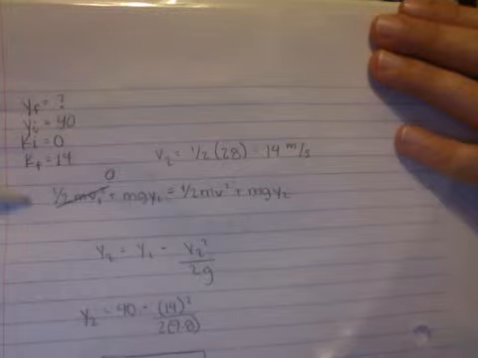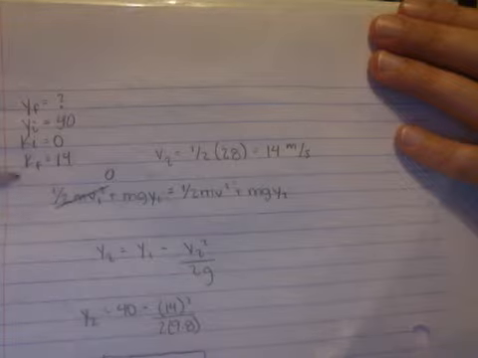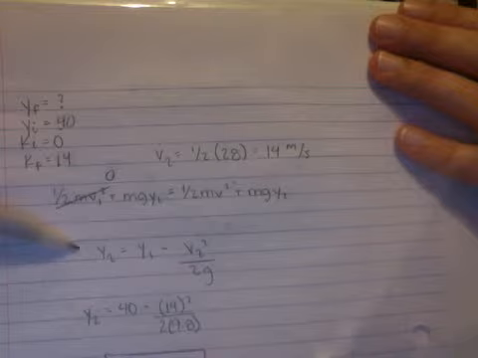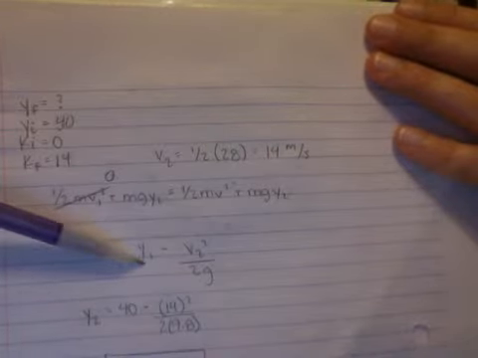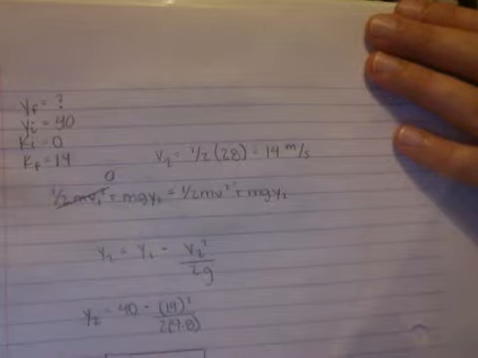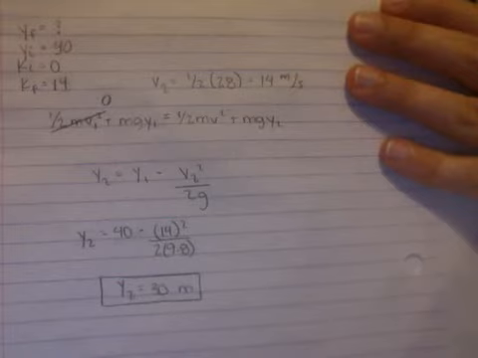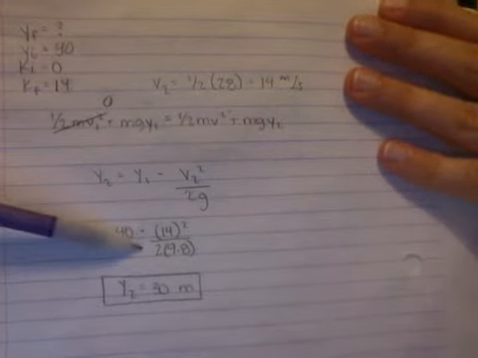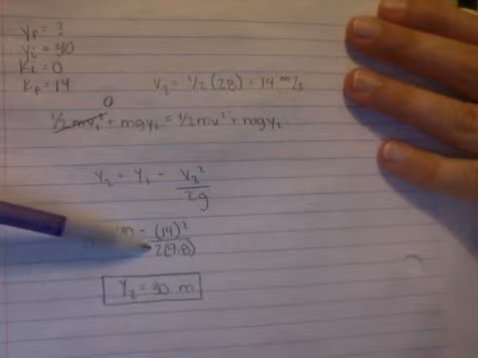So we pretty much do the same thing, set our equations equal to each other, and what we get is y2, our final y value, is equal to the initial y value minus the velocity squared over 2g. We plug that in, and y2 is 40 minus 14 squared over 2 times 9.8.